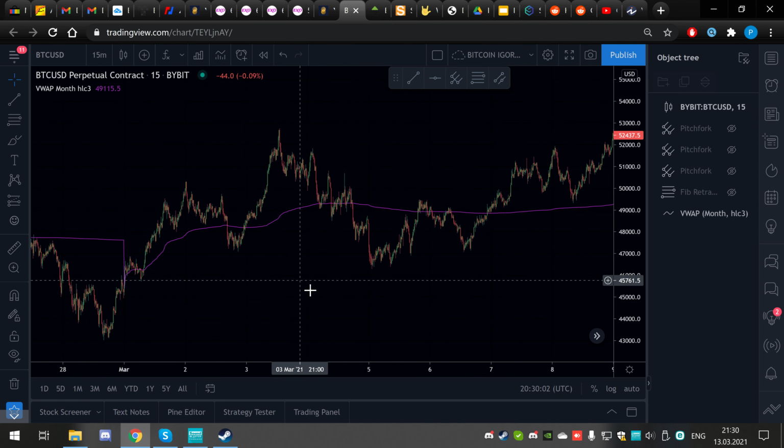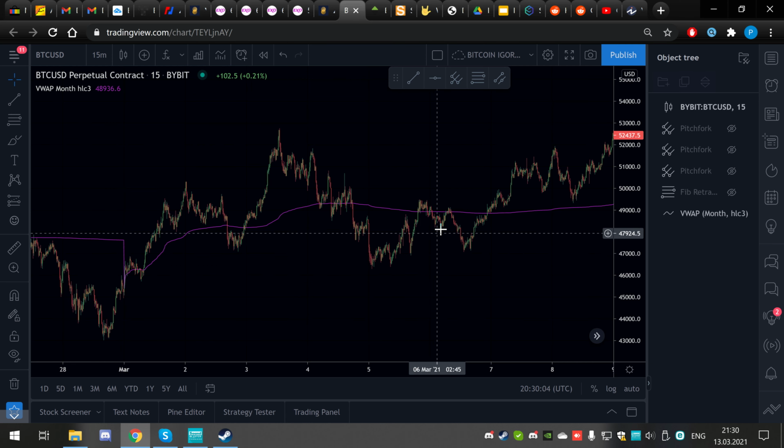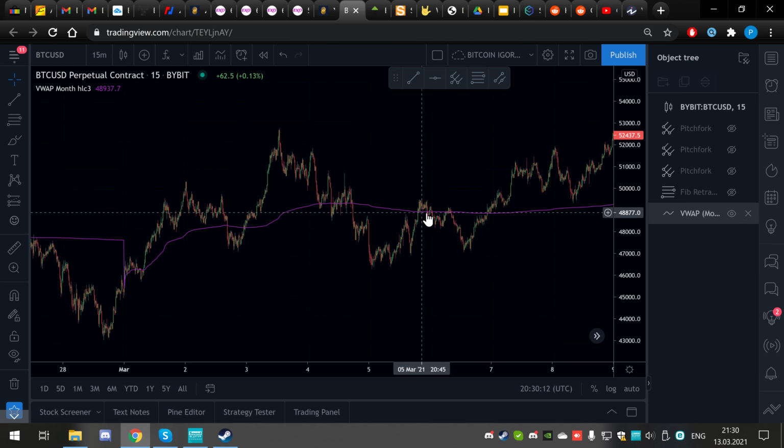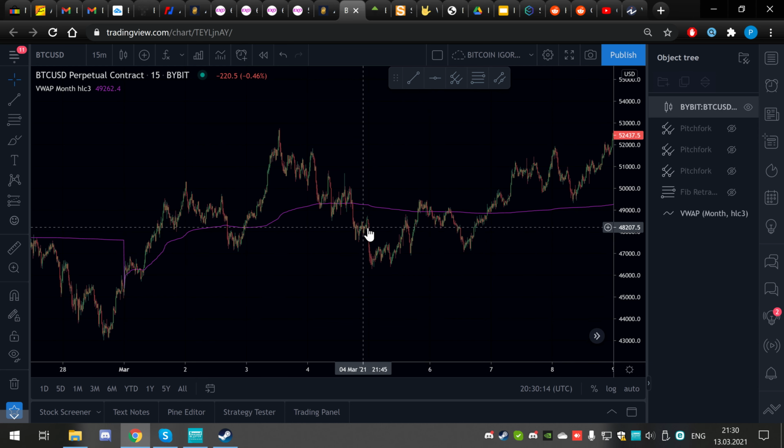This is more like a region. It's not exact because it's really long term. Like 1 month is really a lot of volume. So it's a region, and when you have a downtrend and you try to sell here, it takes time. It's not like daily VWAP where you see instant reaction on 1 minute candles.